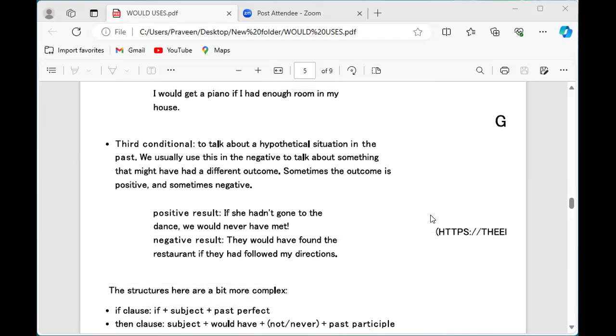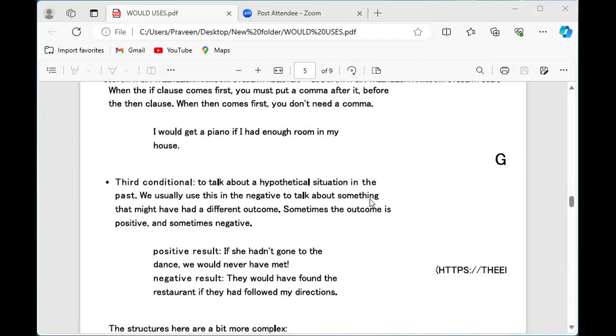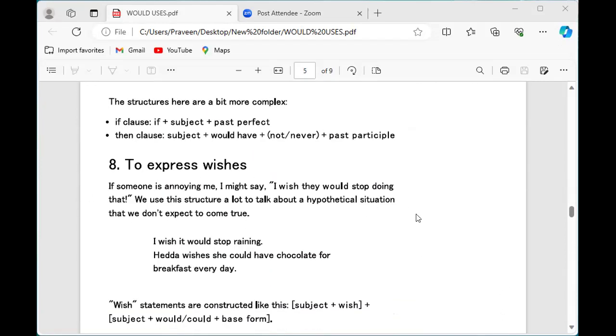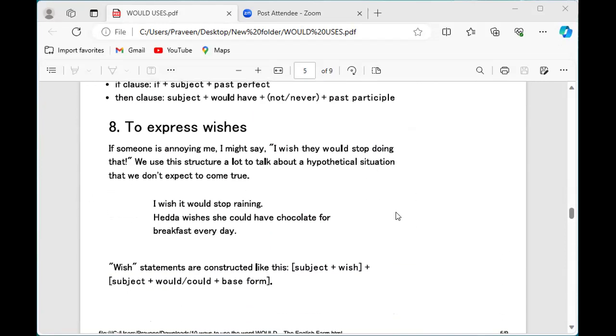These are all easy. Conditionals are easy. I can make our own sentences. Now, to express wishes. If someone is annoying me, I might say, "I wish they would stop doing that." If someone is irritating, at that time we say it would be better if they stopped doing this.